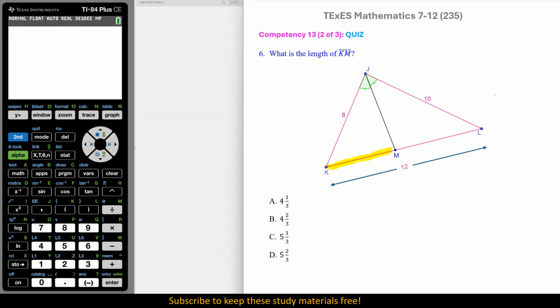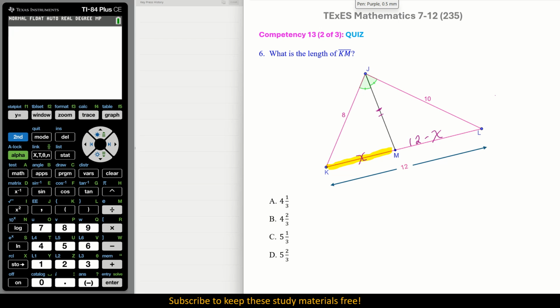So let's call that X. And if that's X, then ML is 12 minus X. And because we have an angle bisector going down the middle, this tells me that we have similar triangles. So what can we do?